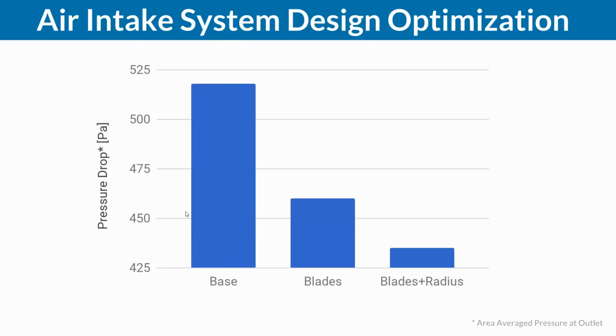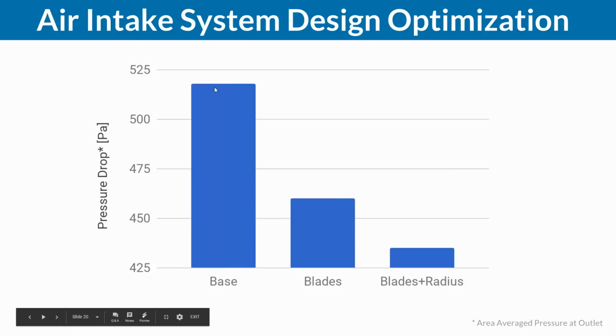And you can also do that quantitatively. So here we plotted on the left the pressure drop, the absolute pressure drop across the entire air intake system, averaged over the outlet. So pressure average inlet, pressure average outlet.